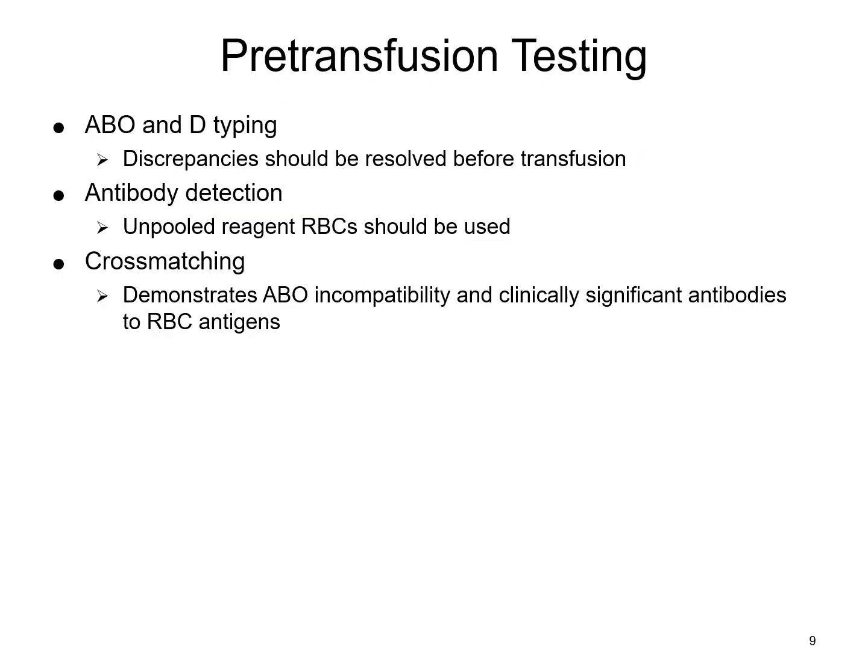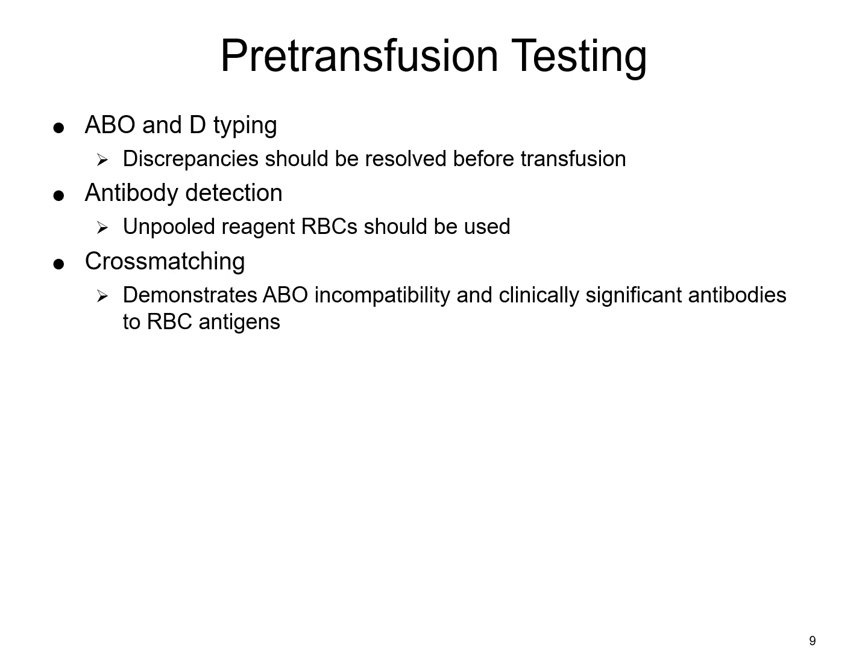So just to recap, that pre-transfusion testing is going to include your blood type. Discrepancies should be resolved. So if you have any sort of ABO incompatibility or historical discrepancy, you've got to resolve that. You're looking for antibodies, so you're doing that antibody screen, using those pooled reagent red blood cells to detect any sort of antibody that might be present.